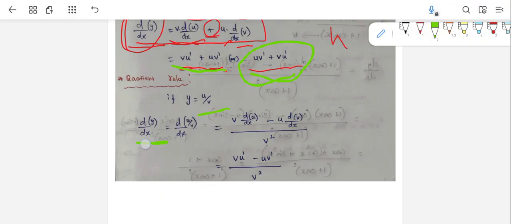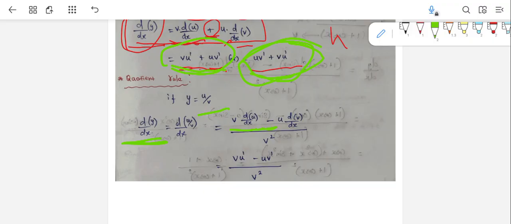Then what is dy by dx, how to find it? In the product rule you can write it like this or like this, both are the same, because there is addition in between. 2 plus 3 is also 5, 3 plus 2 is also 5, right? So you can change it there, but for division you will get subtraction here, so you can't change it, right?